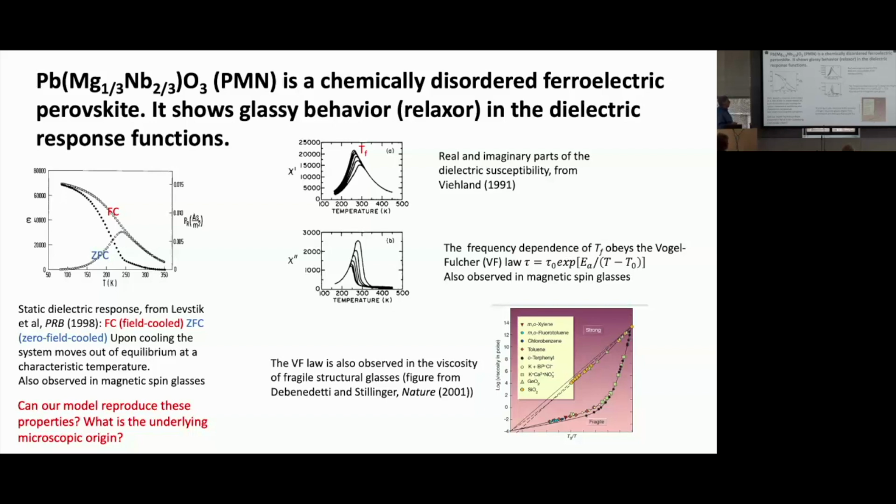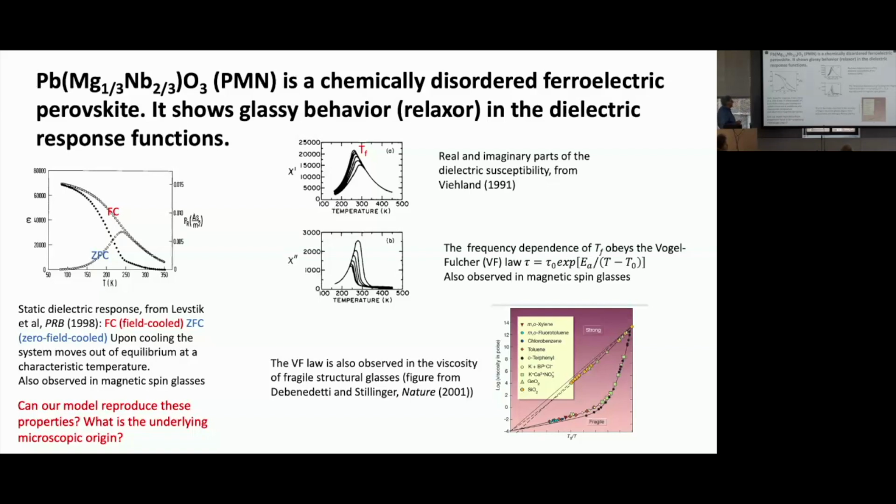This is taken from experiment. This is if we do the cooling in experiment. So at high temperature, the system is in thermal equilibrium, but if the temperature is lower, the system goes out of equilibrium.